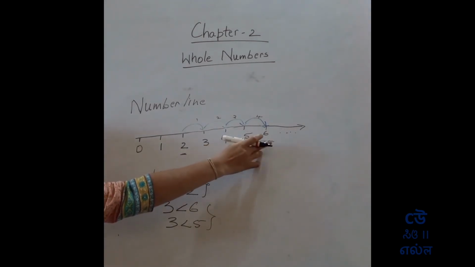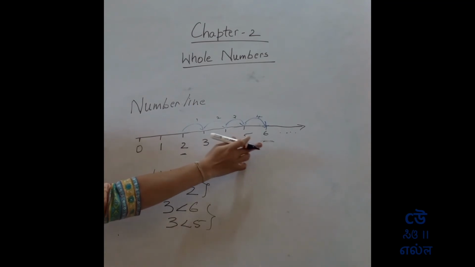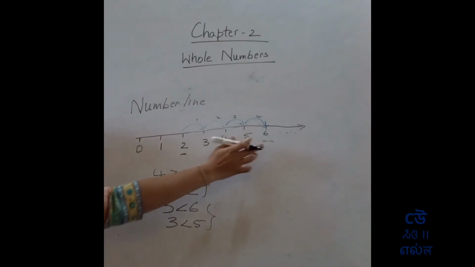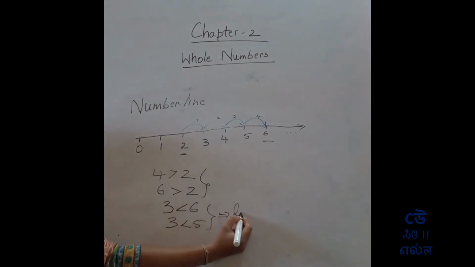If we take 6, the number to its left is 5, which is obviously less. So left side numbers will always be smaller.